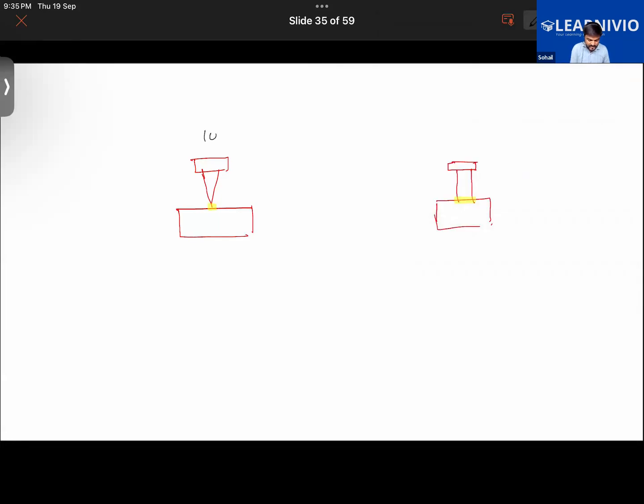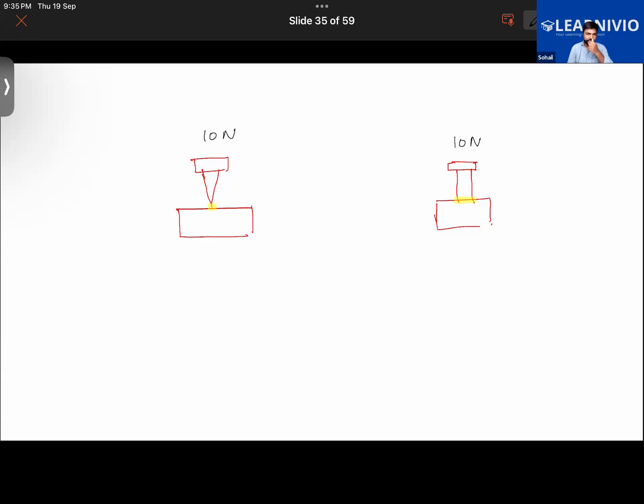Say you are applying the same force of 10 Newton on both these objects. Let us say you're hammering these nails. One is sharp, another one is blunt. So although the magnitude of force is the same, the pressure generated will be more in the first case, but it will be less in the second case, right? So this is one of the factors that it depends on.